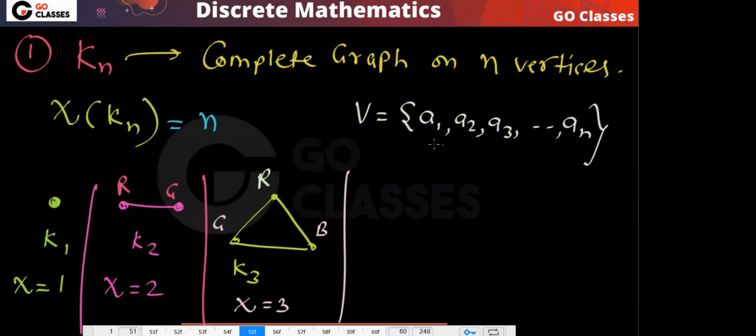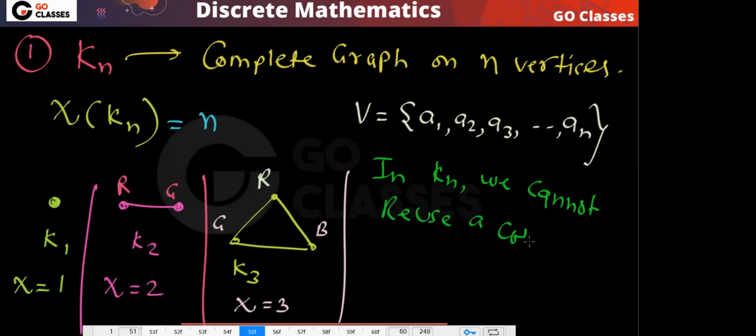Now for these vertices, you should notice that you cannot reuse a color. In Kn we cannot reuse a color because every two vertices are adjacent. If you reuse a color, then what will be the problem? Just think about it.